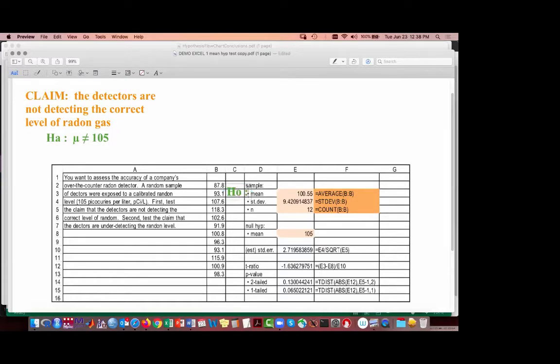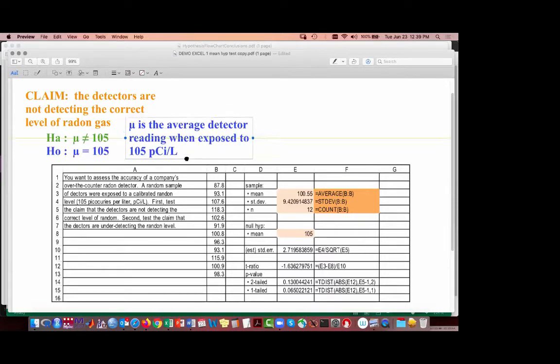So H sub 0 would be that mu equals 105. Now again, what is mu in this context? Just to clarify the notation, and this is always a good habit: mu is the average detector reading when exposed to 105 picocuries per liter. So that is what mu actually is in this context.